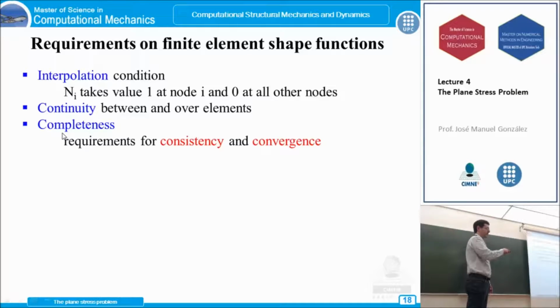I think in the last class of the course we're going to talk about this completeness and these continuity conditions, which assure us consistency of the results and above all the convergence. We are very worried about this convergence. We want to be sure that if we get a finer and finer mesh, we are getting to the exact solution. This is what convergence assures us, and to get this, completeness is one of the requirements of the shape functions.